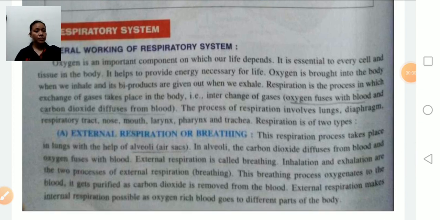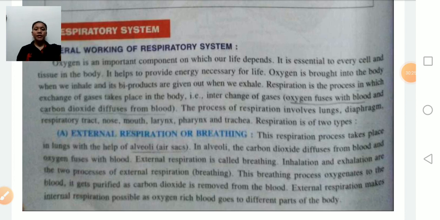How is oxygen brought in? It is brought into the body when we inhale, and its byproduct, carbon dioxide, is given out when we exhale. Respiration is the process in which exchange of gas takes place in the body.